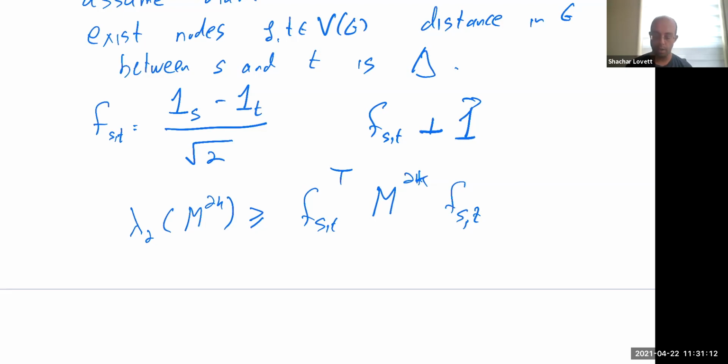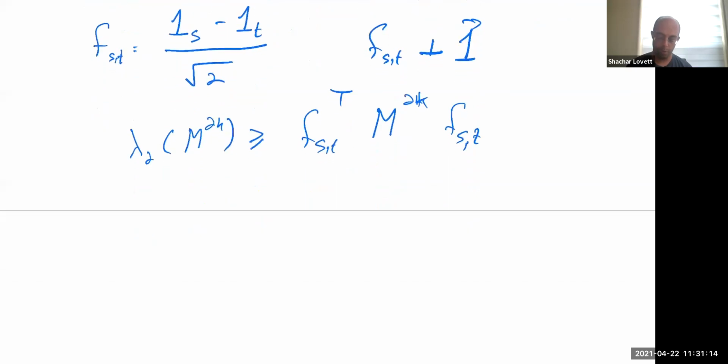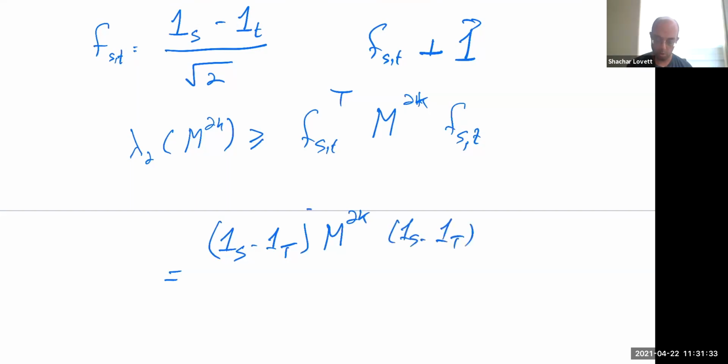So let's do this. What is this bound? Well, f_st is 1_s minus 1_t. So we can write this as 1_s minus 1_t transpose, M to the 2k, 1_s minus 1_t, divided by 2. Right, just plugging in the function we chose.